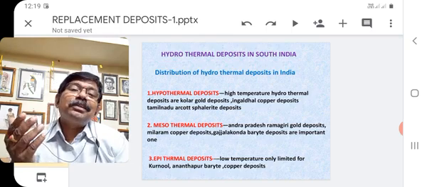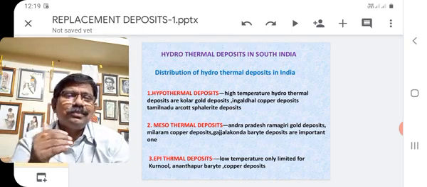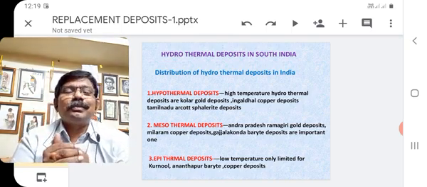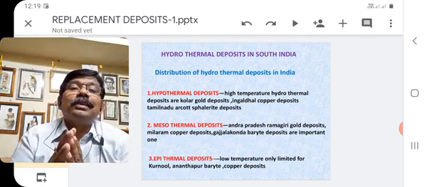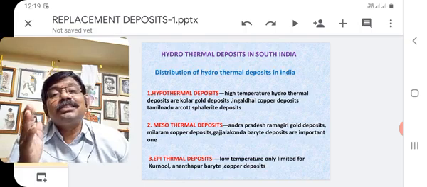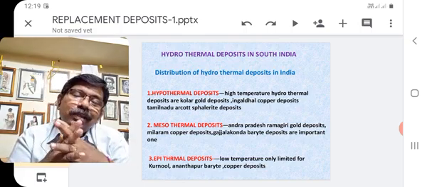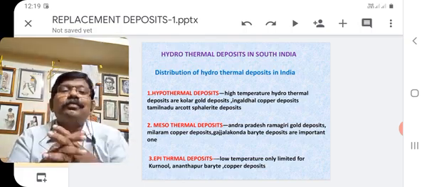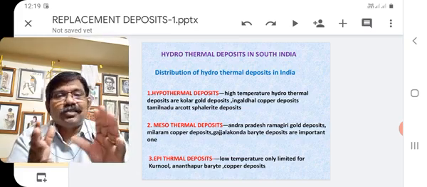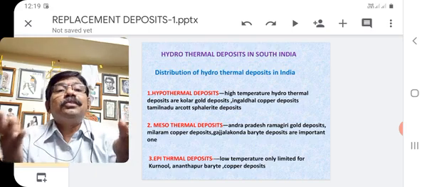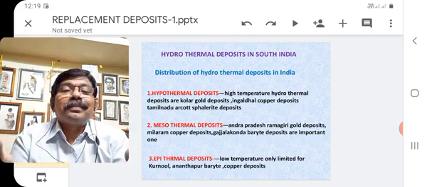And mesothermal deposits means somewhat lower temperature. Then you can get copper there also. In Ramagiri, Andhra Pradesh, the gold deposits belong to this same type of mesothermal deposits. Copper is also there, and barite deposits are also there, mesothermal.